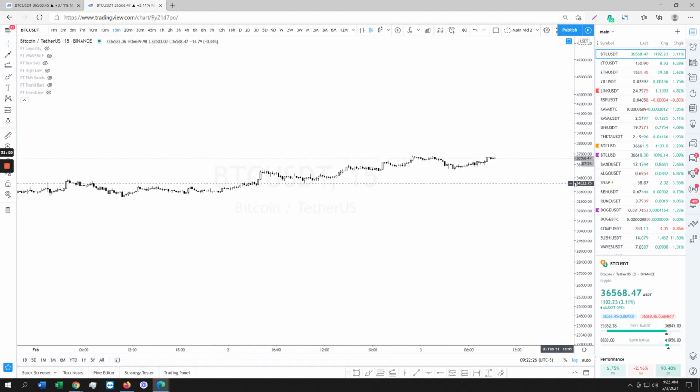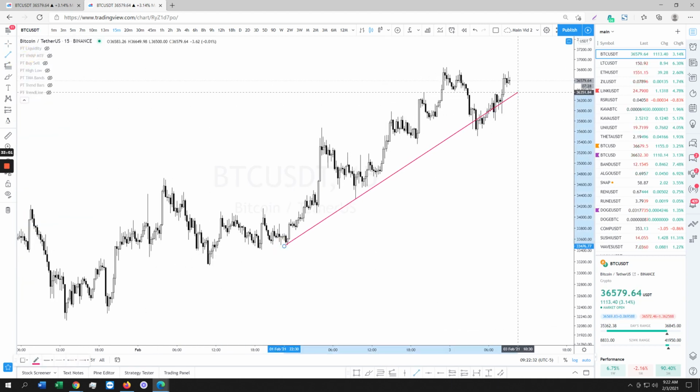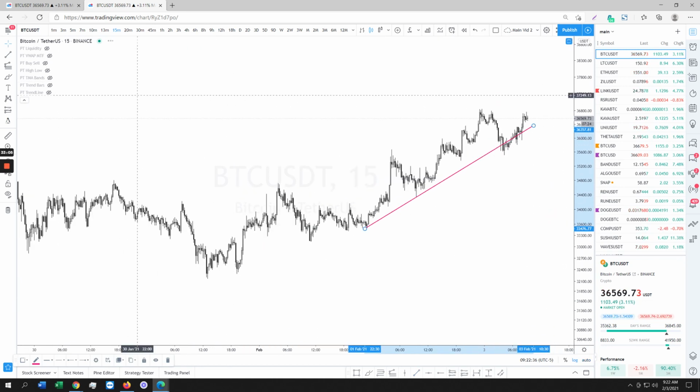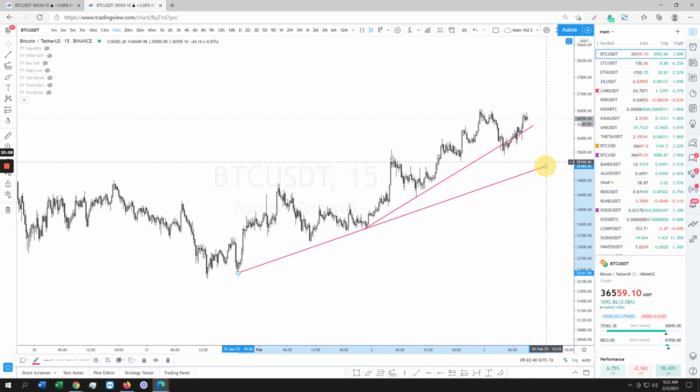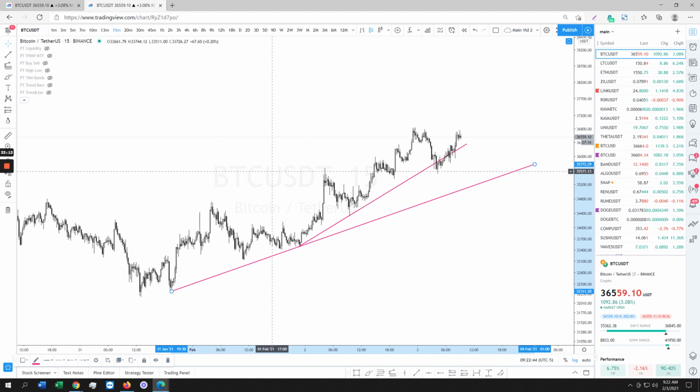If that makes any sense, and you have your wicks over here. Also, guys, use your indicator, the VWAP. Remember what I told you about the previous VWAP?